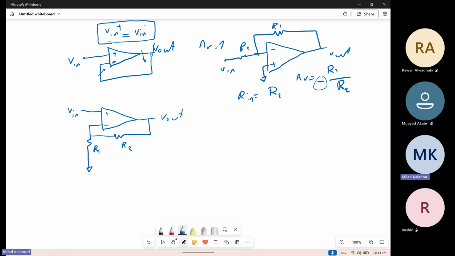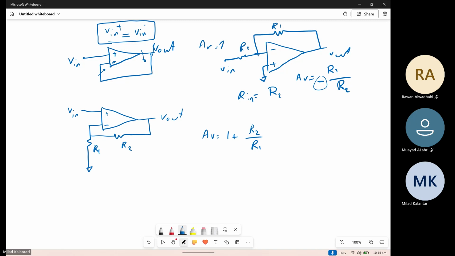Then AV was 1 plus R2 over R1. And then we also checked that it is possible to actually change the R1 or R2 with different impedances in general.